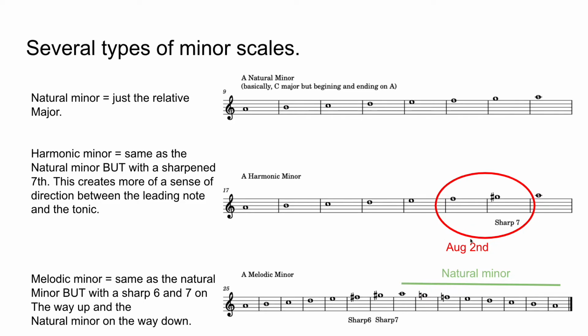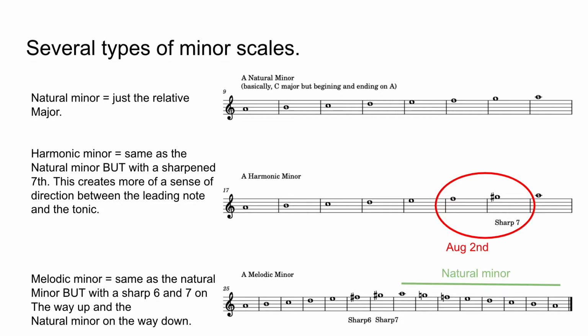We don't need that leading note to tonic motion, so we can naturalise the scale. So we end up with the sharp 6 and sharp 7 on the way up, ascending, and then just the natural minor on the way down. I'll just play what that sounds like. So there's the melodic minor scale.